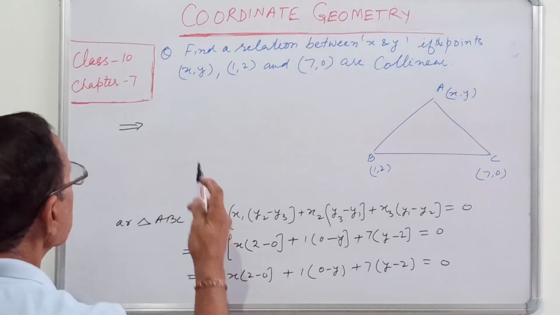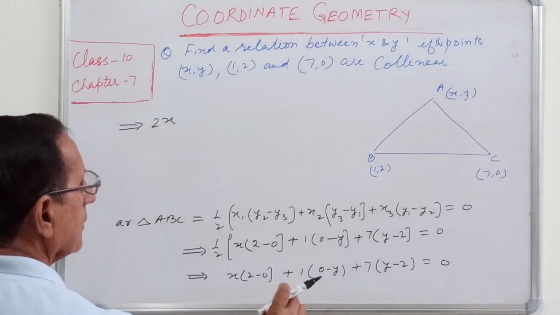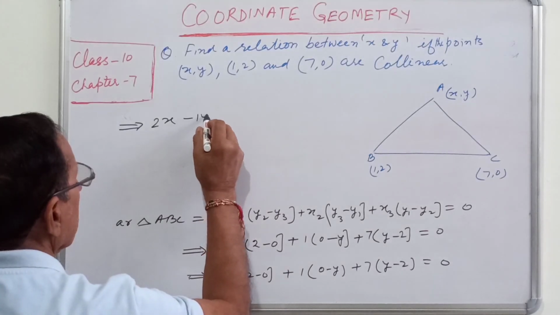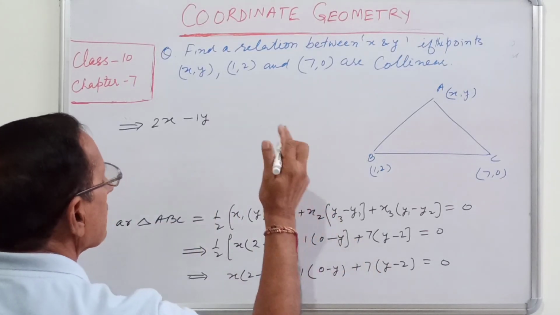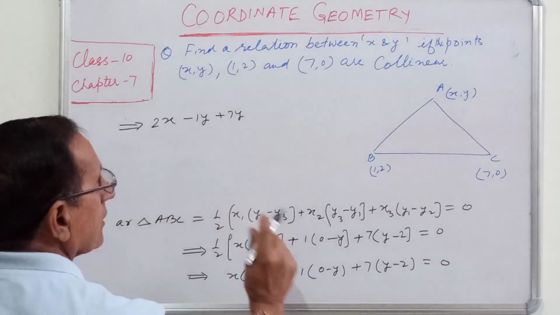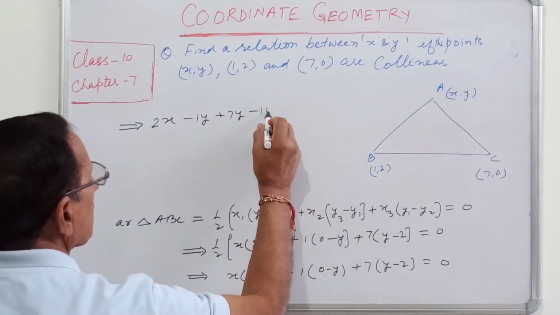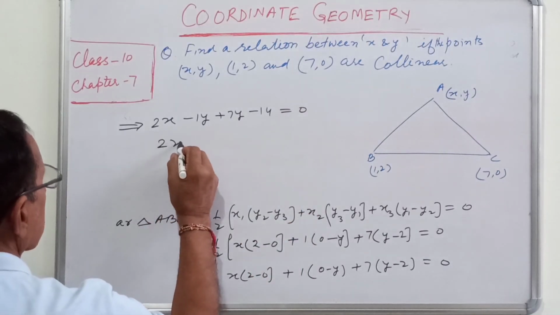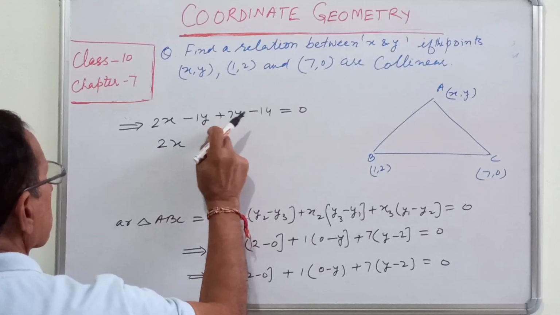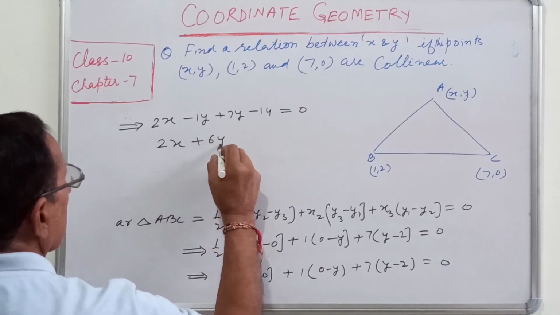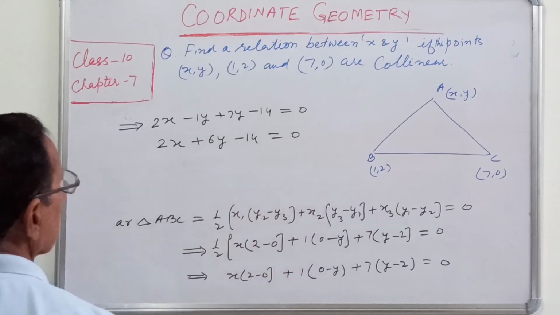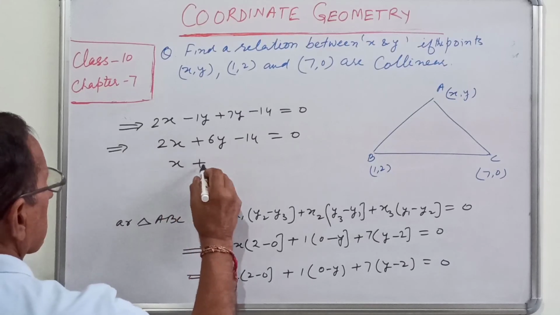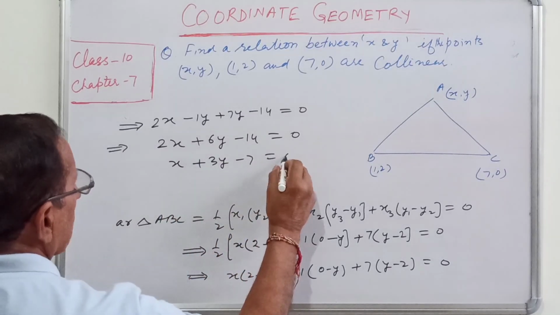So x into 2, so 2x plus 1 into minus y, so that is minus 1y, 7 into y plus 7y, 7 into minus 2, that is minus 14, and that is equal to 0. तो ये बन गया 2x, इसमें से 1 माइनस किया तो हो गया प्लस 6y माइनस 14 इज इक्वल टू 0. इसे 2 से डिवाइड किया तो हो गया x प्लस 3y minus 7 is equal to 0.